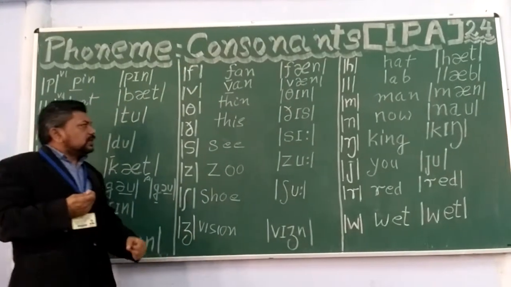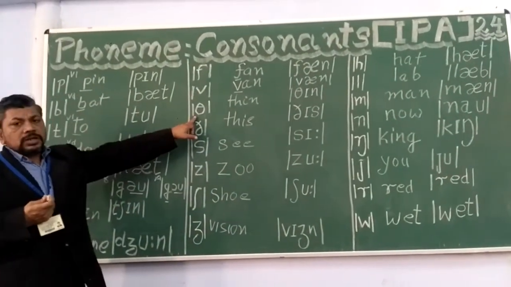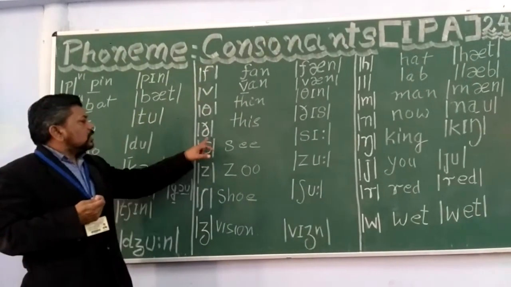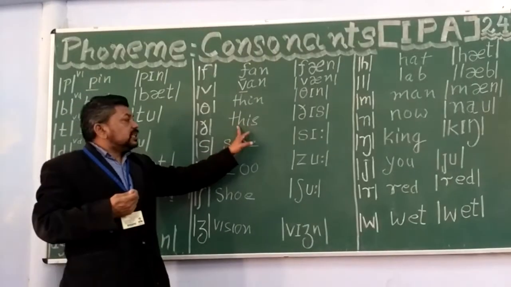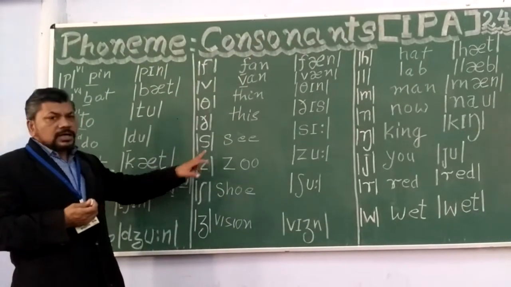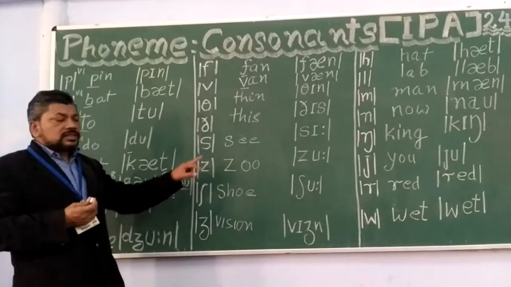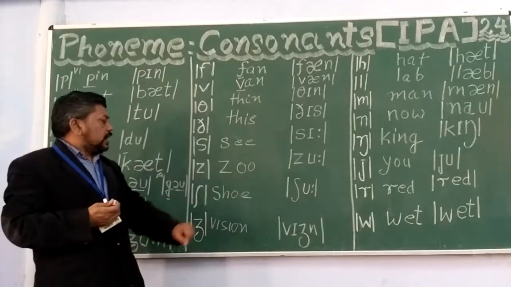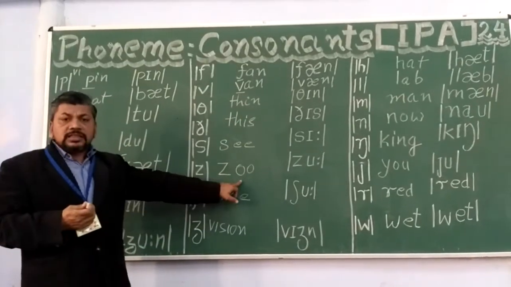Then there comes the tha sound as in thing, and the as in this. Then there comes the next sound, sa and za. Sa as in see and za as in zoo.